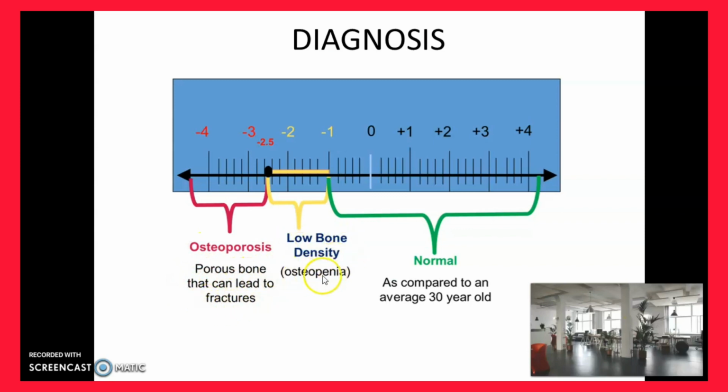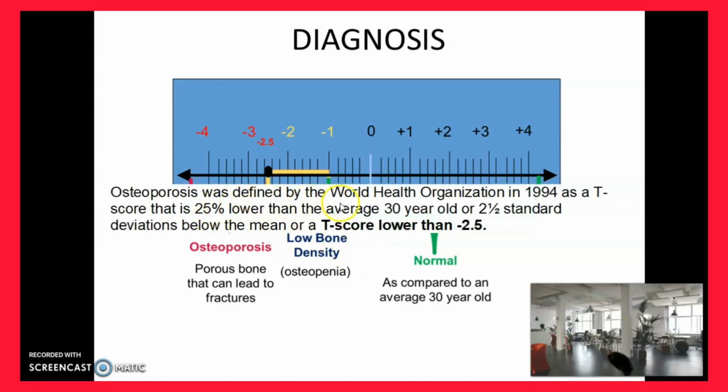This is slow bone, osteopenia, and then you have the normal bones at this stage. That's the diagnosis at the clinical level. Osteoporosis was defined by the World Health Organization in 1994 as a T-score that is 25% lower than the average 30-year-old, or 2.5 standard deviations below the mean, a T-score lower than -2.5.